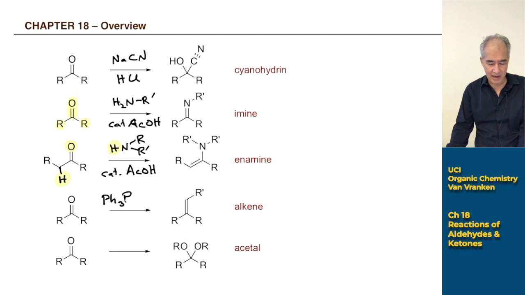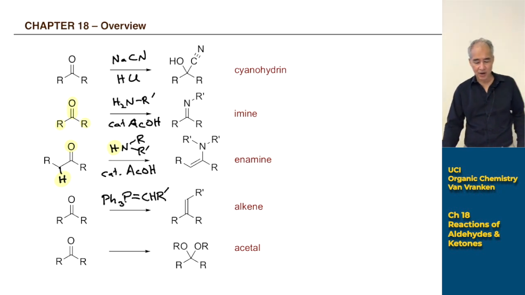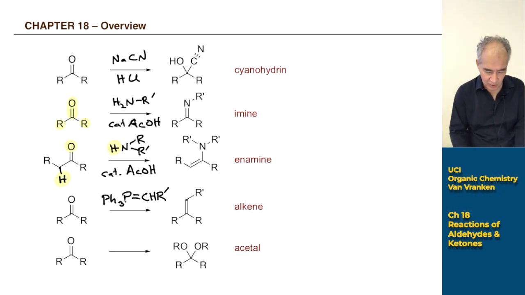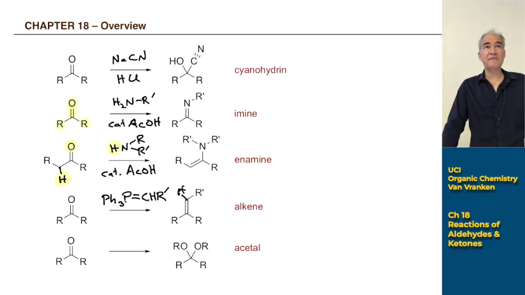This Wittig reagent, it's a phosphonium ylide, has triphenylphosphine, 3 phenyls on phosphorus, and that is double bonded to some sort of carbon atom that has 2 groups on it, H and an R. And if you do that, you'll end up with a new carbon atom that has an H and R prime. So we'll talk more about these, and that's going to freak you out because you're thinking, wait, isn't that 5 bonds to phosphorus? You can't have 5 bonds to phosphorus.